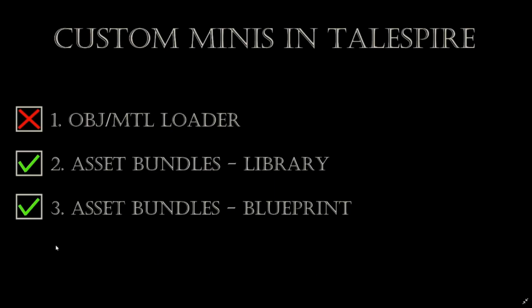I'm going to now assume that you've made your asset, you've built it, so you have the asset file. The asset file should have the asset file name with no extension. So once you've got that, in previous plugin versions, typically the Talespire custom data folder was used in the game directory.